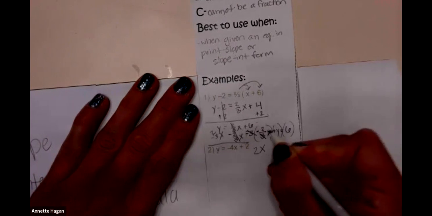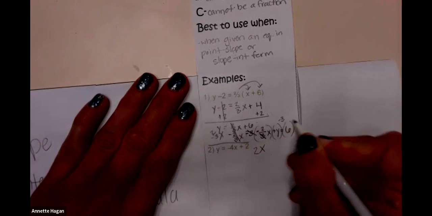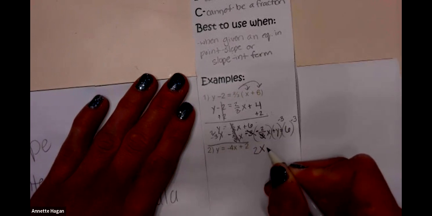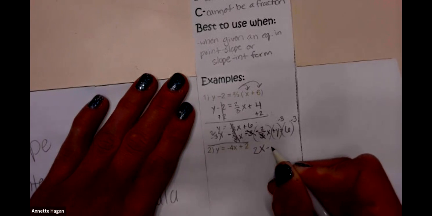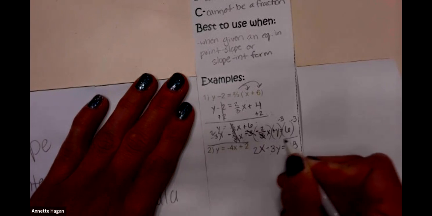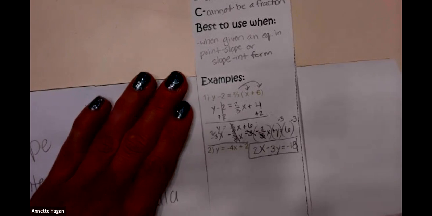But if I do it to this term, I have to do it to all the terms. So everything's going to be multiplied by -3. I get positive 2x minus 3y equals -18. And this is the equation in standard form.